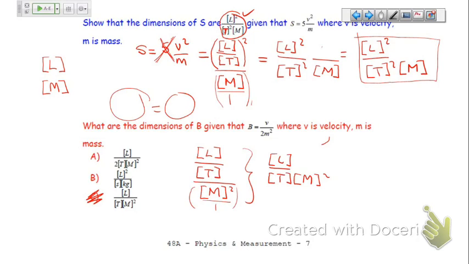So if you tell me that something with dimensions of length over mass is given by, I'm going to make something up here, velocity, that would be length squared over time squared, that's velocity, times mass, I know that can't be true because they don't equal each other. So I know that equation is not right.